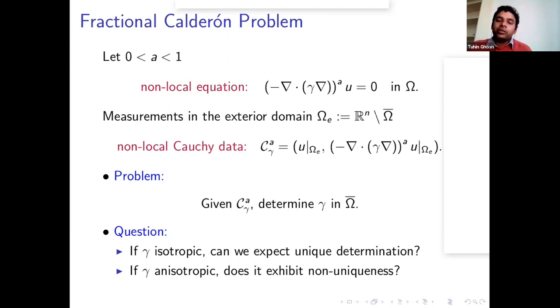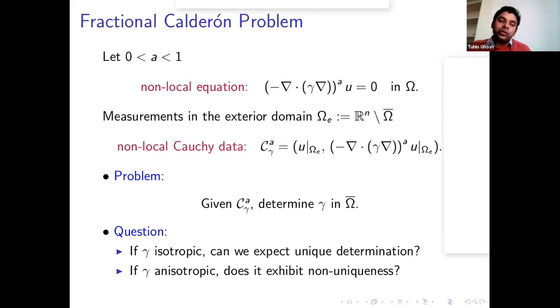And if gamma is anisotropic, then do we expect some non-uniqueness? Or, as I said, you have a little bit more information, so can you actually recover the anisotropic gamma? So these are two questions.